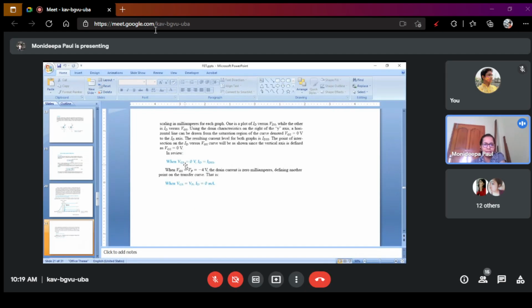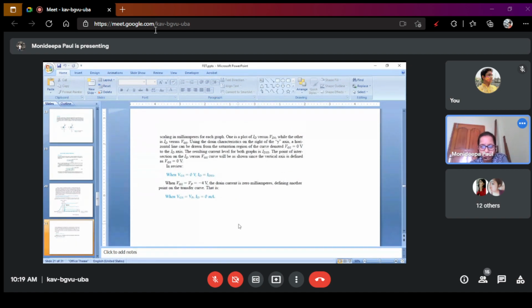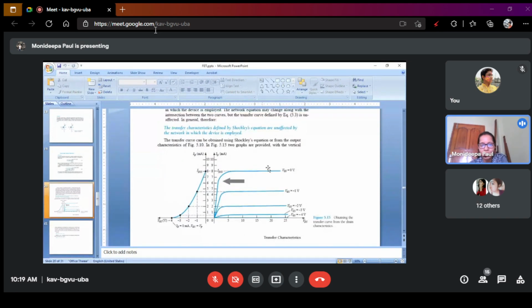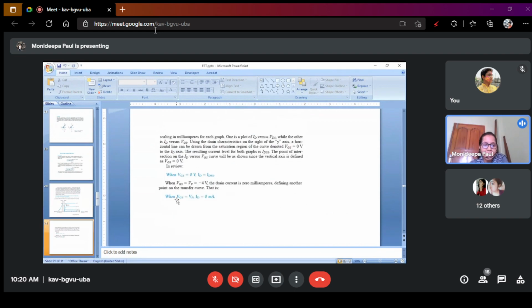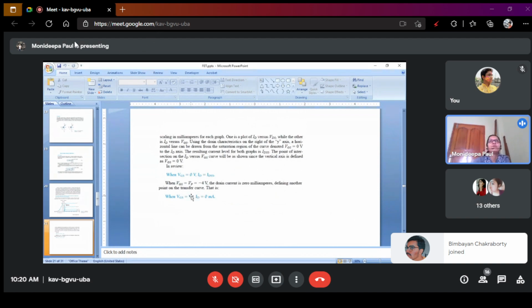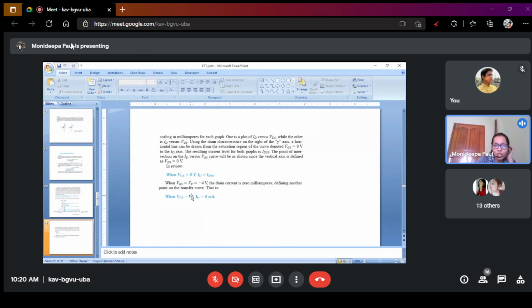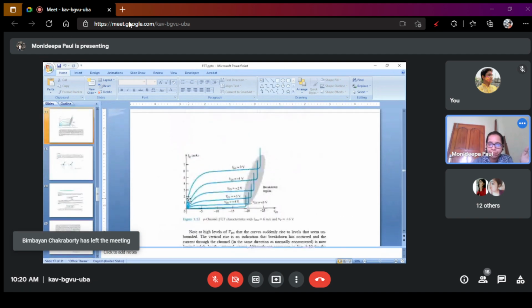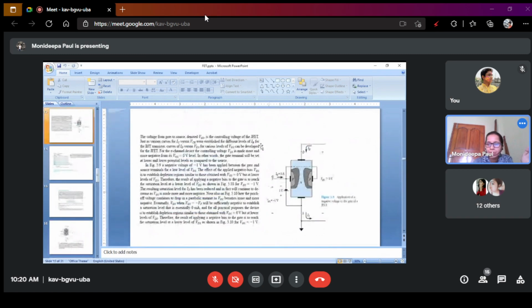Here, two things you will see. When VGS is equal to 0, ID is equal to IDSS. From this graph, when VGS is equal to 0, ID is equal to IDSS. Similarly, when VGS is equal to VP, that is the pinch-off voltage. At the pinch-off voltage, if VGS value is VP, these two depletion regions touch each other and no current is flowing.